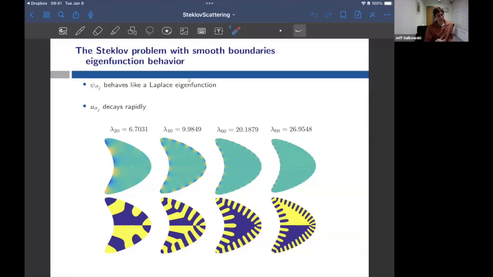But nevertheless, at this moment, many of you could be asking, well, these things look a lot like Laplace eigenfunctions. What is really the point of doing this Steklov thing if everything is going to be the same? But it's really quite different in a number of ways. The first and maybe most obvious thing is that if you think about the harmonic extension itself, you'll see that it decays very, very fast in the interior.